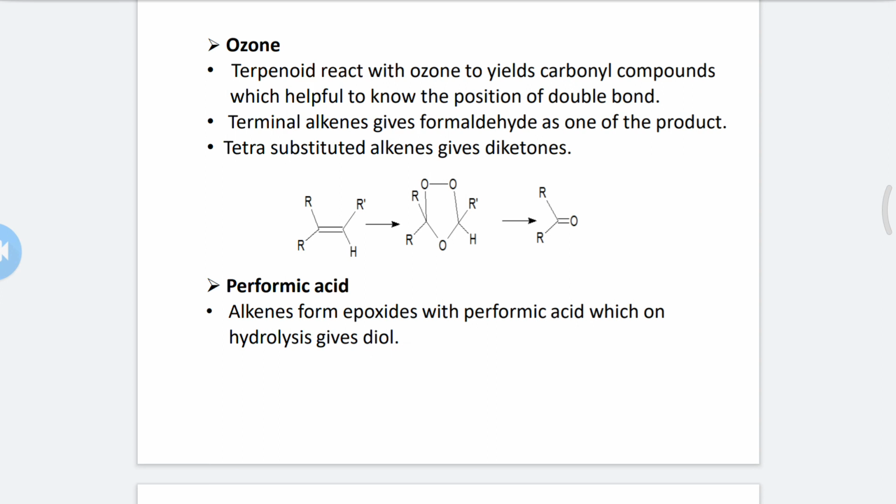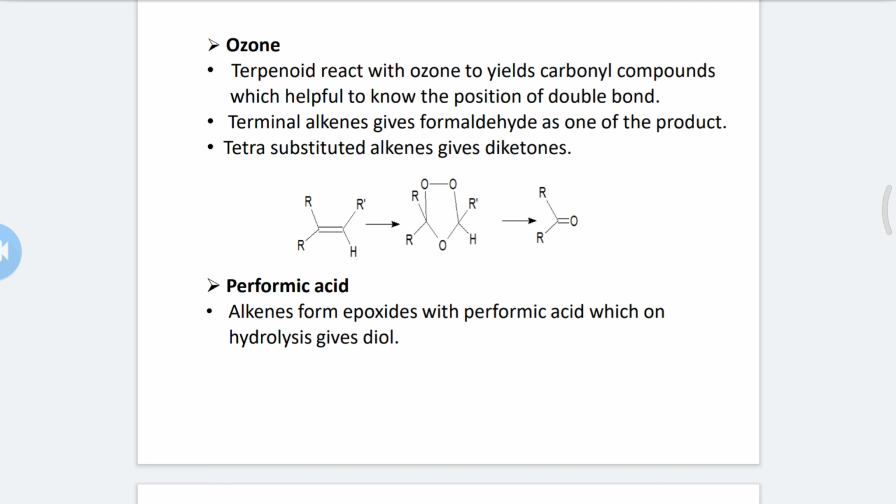A terminal alkene gives formaldehyde as one of the products, and a tetra-substituted alkene gives a ketone.